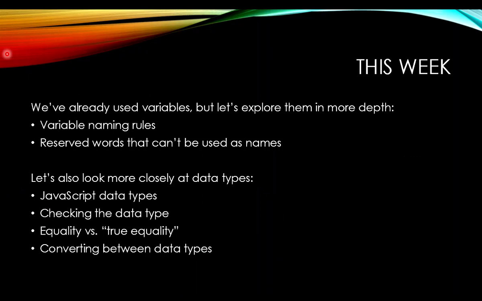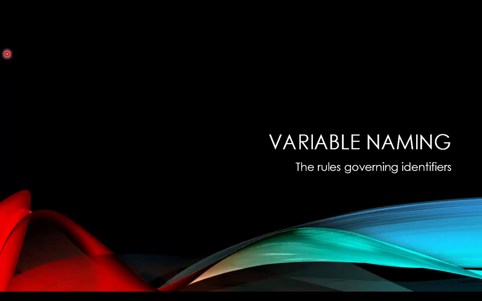We're also going to look at a strange thing that maybe we don't look at exactly in other languages, but in a language like JavaScript, we have this idea of equality. JavaScript does extra things to help us out, and that kind of leads to some odd situations. So what does equal mean, and what does really, really equal mean? And then a brief look at converting between data types.